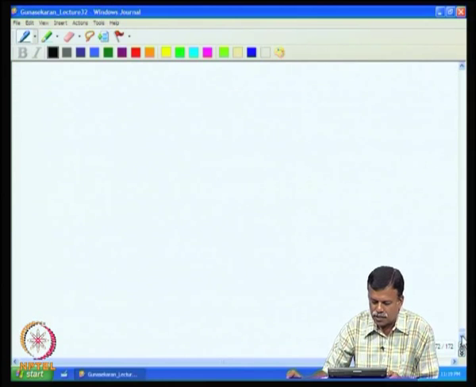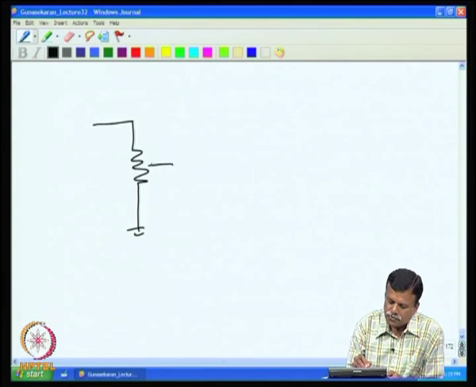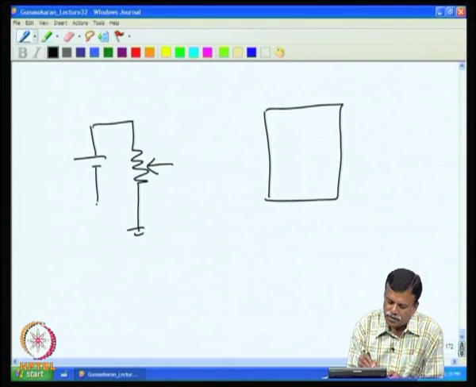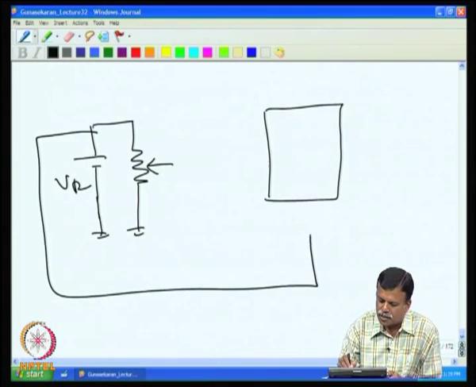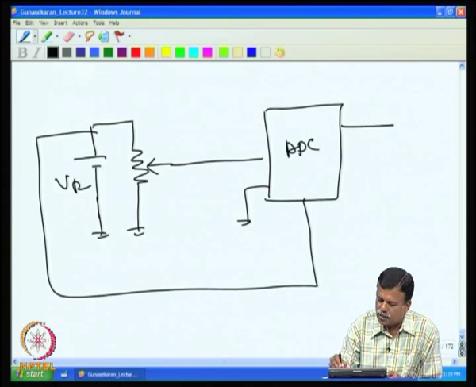So, what you do is we will have the potentiometer here. For example, I want to measure a displacement, then the converter has a V reference here. This V reference is given to the A to D. Then you have the input here and then the output here.